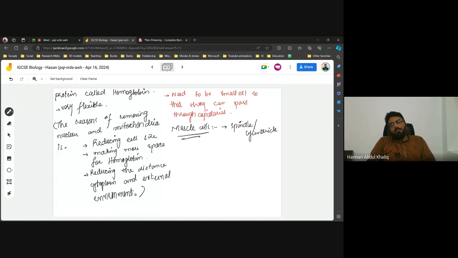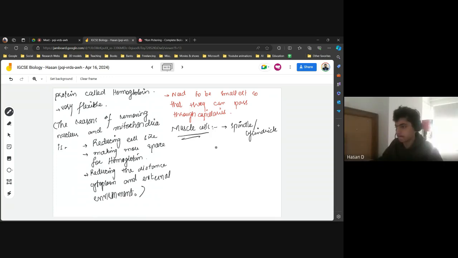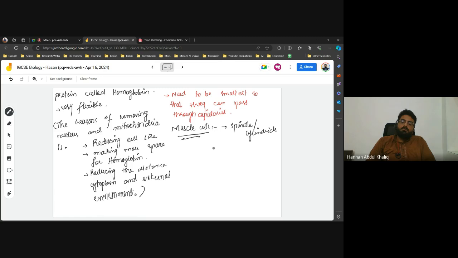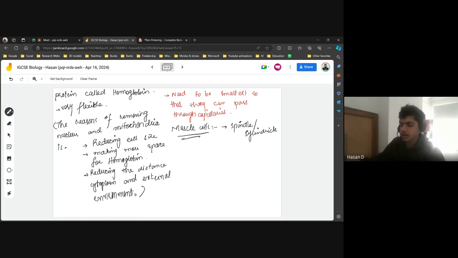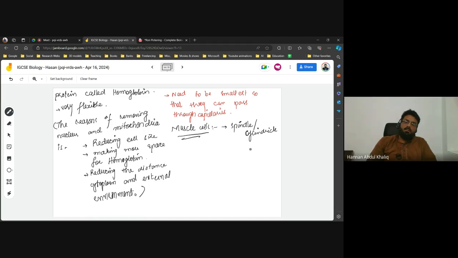A spindle is like this, just like our eye seen from outside.